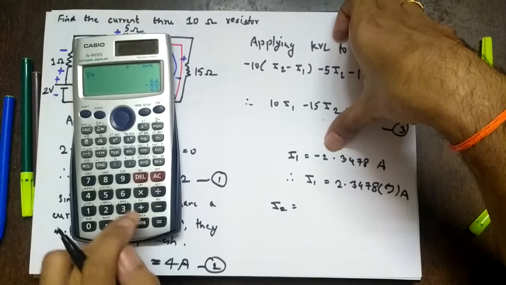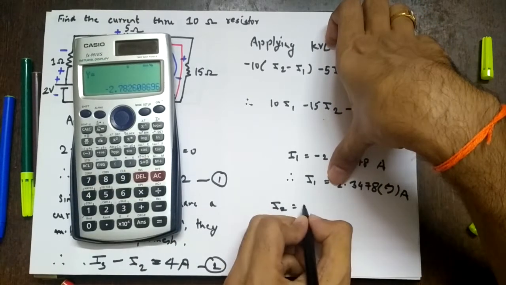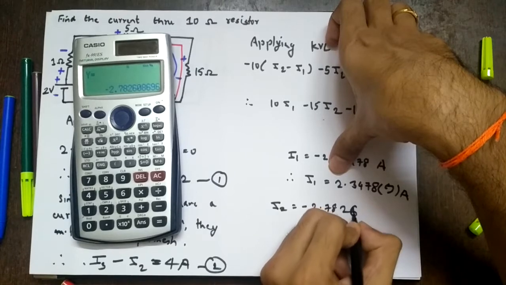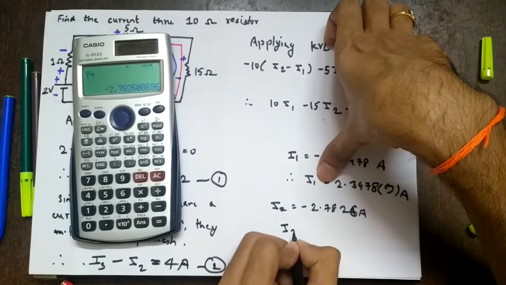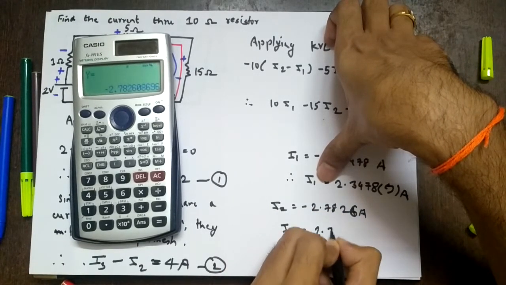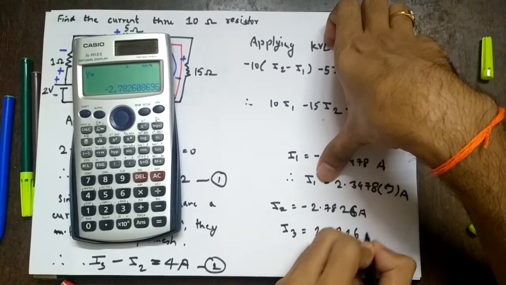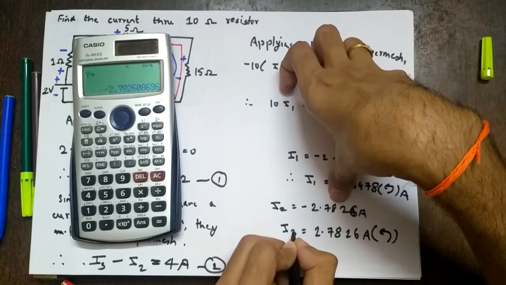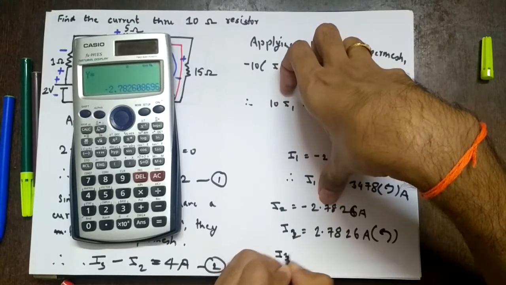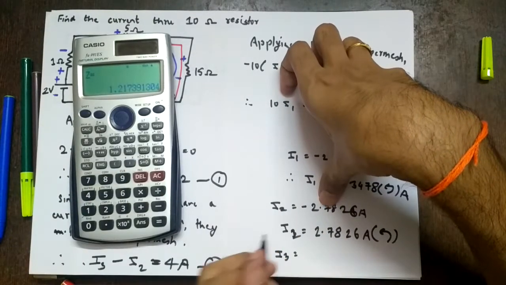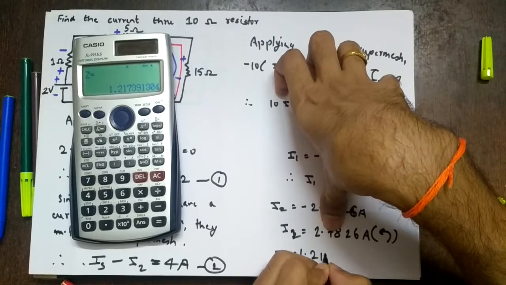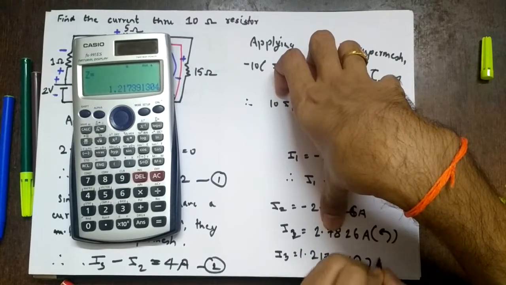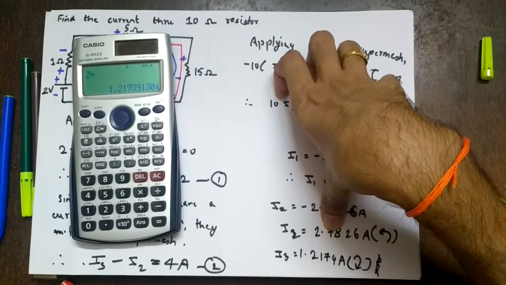I2 equal to minus 2.7826 amperes, so 2.7826 amperes in the anti-clockwise direction. This is I2, sorry, and I3 equal to 1.2174 amperes, and this is in clockwise direction only because it is positive, right?